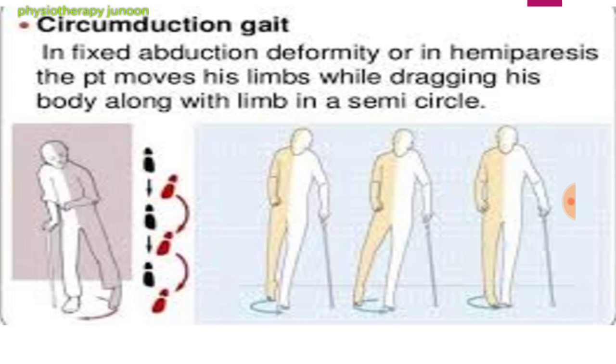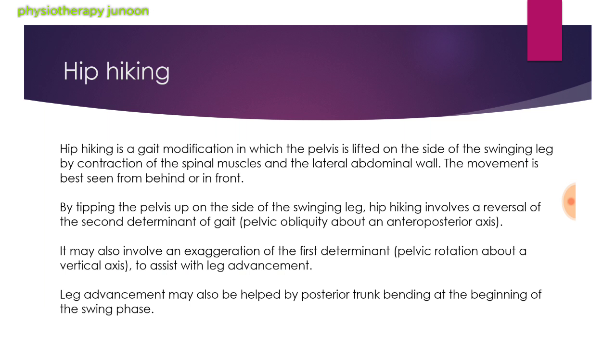In circumductory gait, in fixed abduction deformity or in hemiparesis, the patient moves his limb while dragging his body along with the limb in a semicircle. You see in the picture the steps of the circumductory gait.